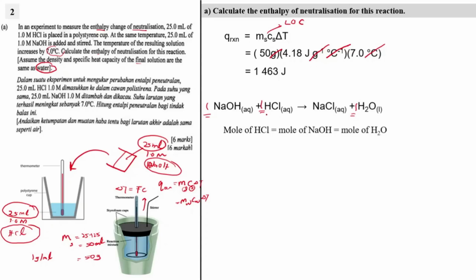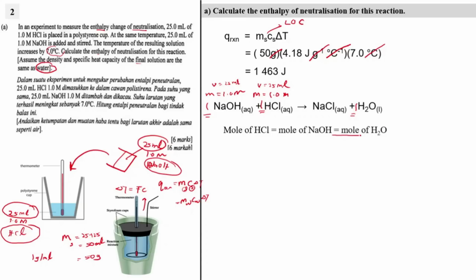And from here, HCl and NaOH have the same volume, which is 25 ml for NaOH, and HCl is also 25 ml. The molarity is also similar, 1.0 molar, and the molarity here is 1.0 molar. So that is why the same number of mole of water is going to be produced.